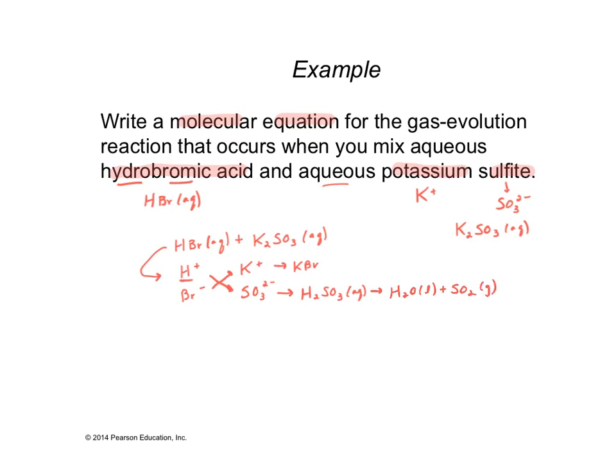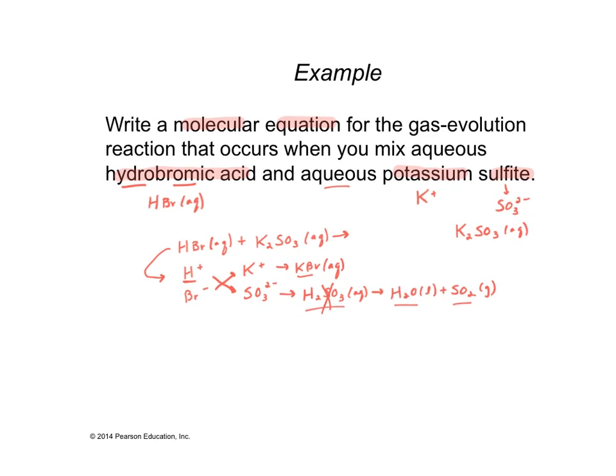So the 2 products are really H2O and SO2, okay? So I've got my KBr, H2O and SO2. I look up the solubility of KBr, and I notice it's aqueous, so it's completely soluble. And so now I have all of my products.